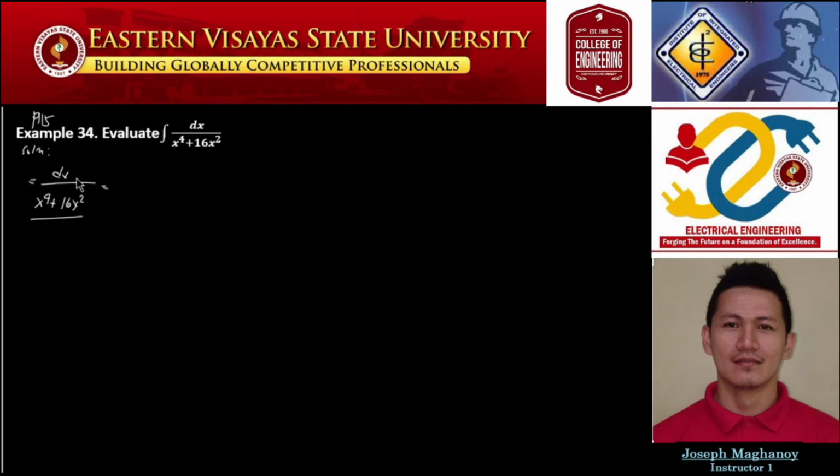So we have a common of x squared, quantity x squared times x squared plus 16. If you multiply x squared inside, it will be x to the 4th and 16x squared. So we carry out our x squared for the meantime. So we have dx.